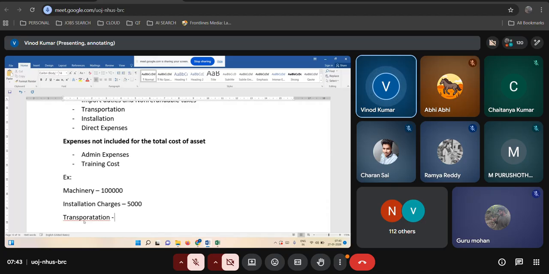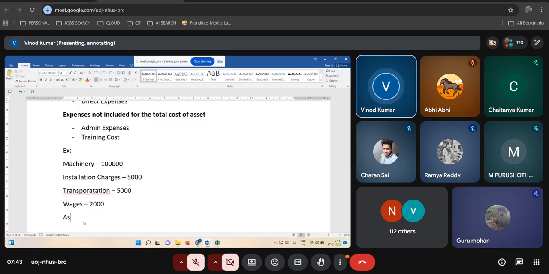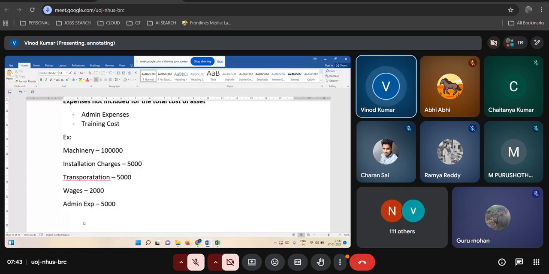I paid 5,000 as transportation charges, and wages for installation 2,000, and administrative expenses I paid 5,000. So tell me, what is the total cost as per your understanding, guys?